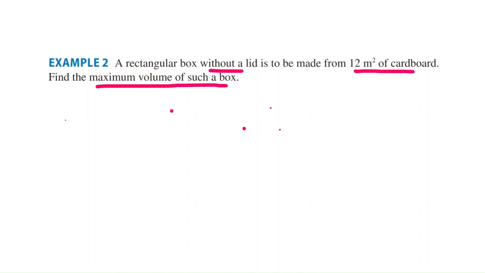Okay, so let x, y, z be the length, width and height of the box. So you know what a box is? A rectangular box. I will just draw it here. A cuboid; usually we call it a cuboid. I will draw as well as I can.